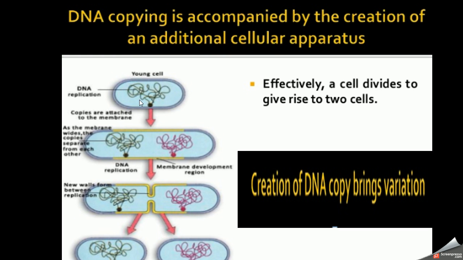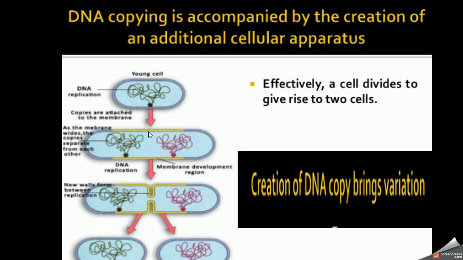So this DNA copy, you can see here also, this will become two strands, one is this, one is this, followed by division of additional cellular apparatus, right? Creation of the DNA copy brings variation. Since this copying, this separation of DNA, brings variation in the body.